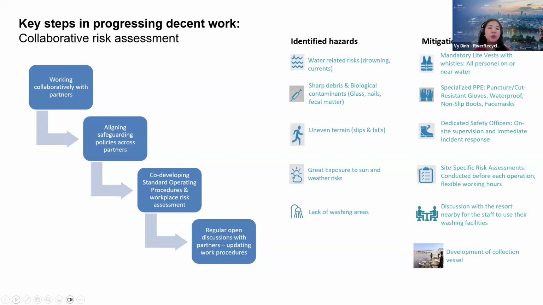Since we are from different countries, River Recycle is from Finland, while our local partners are from Ghana, we need to align our safeguarding policies across partners. We work together to co-develop standard operating procedures that we implement with our project workers. For example, you can see some of the identified hazards that we drafted before the project implementation.